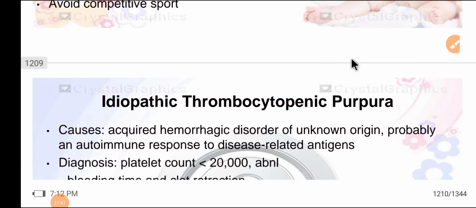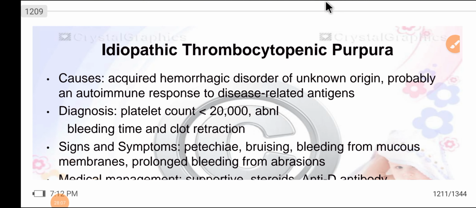Idiopathic thrombocytopenic purpura causes an acquired hemorrhagic disorder of unknown origin, probably an autoimmune response to disease-related antigens. Diagnosis: platelet count less than 20,000, abnormal bleeding time and clot retraction.